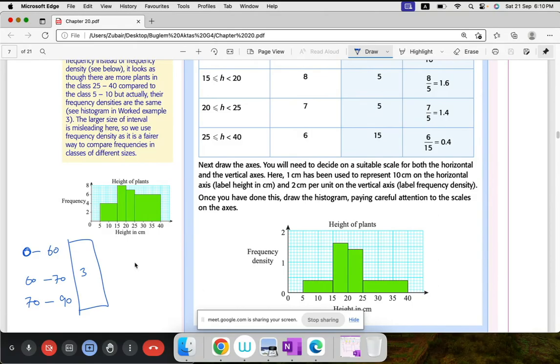For example, you are just collecting the data and you know the exact speed of cars. So if I ask you to make classes of 5 class width, you may do 0 to 5, 5 to 10, 10 to 15, 15 to 20, 20 to 25, because you have actual data. So you could just make a new table.